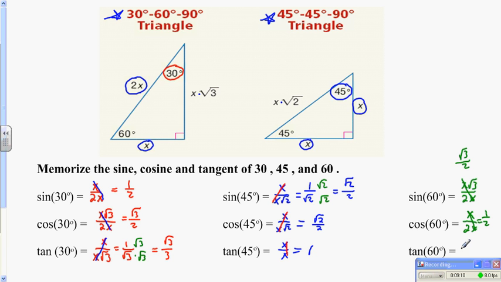Tangent of 60 is opposite over adjacent, and that reduces to root 3. So those are the trig functions using special right triangles, and we are going to want to memorize these values for sine, cosine, and tangent of these degrees. And here I will stop with the first part of 13.1.